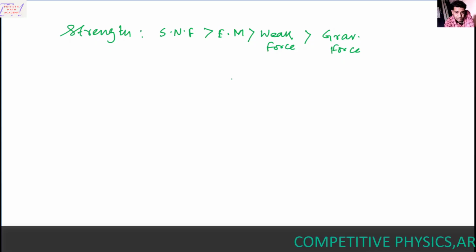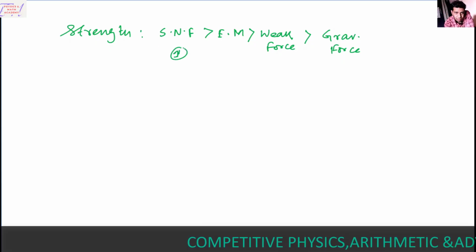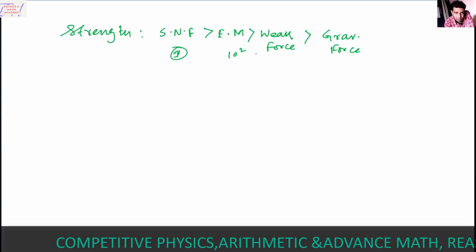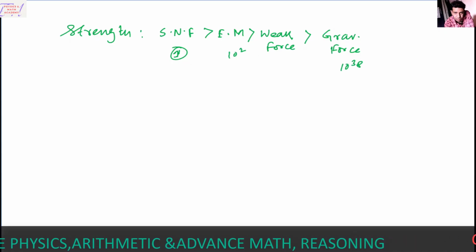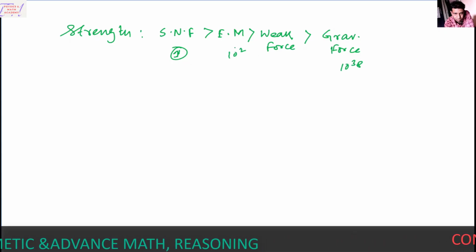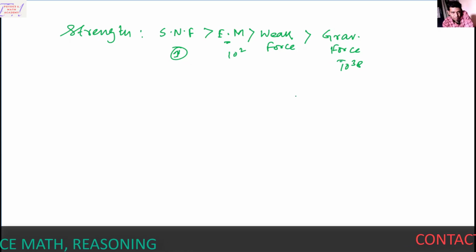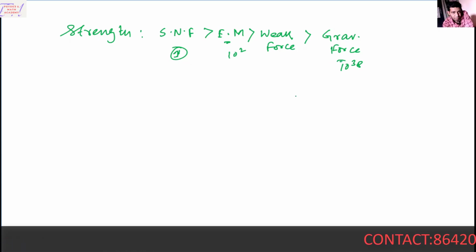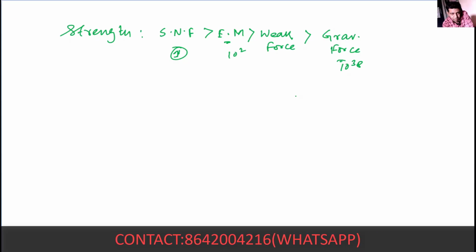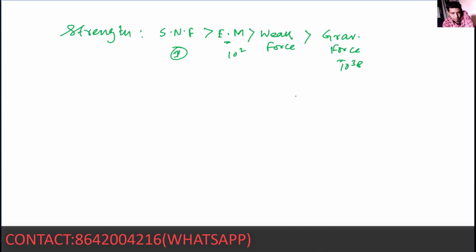If I'm taking the strength as 1, it is 10 to the power 13 times stronger than gravitational force, and 10 to the power 2 times stronger than electromagnetic force. So this is the overview of our introductory class. I'll discuss everything in detail when the chapter comes.